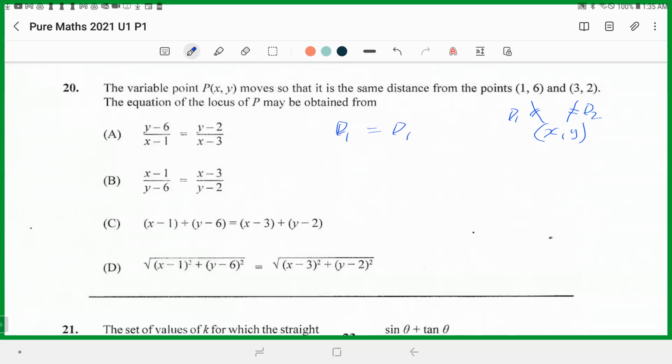Two distances are the same. Now what is D1? D1, using the square root business, which comes from Pythagoras' theorem, is the square root of the difference in the x value squared, (x minus 1) squared, plus (y minus 6) squared.